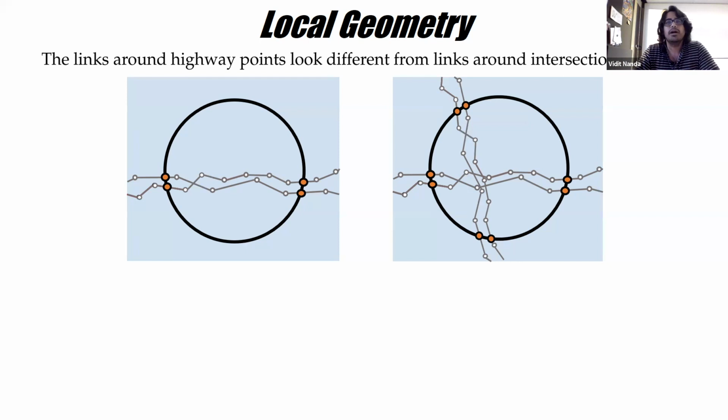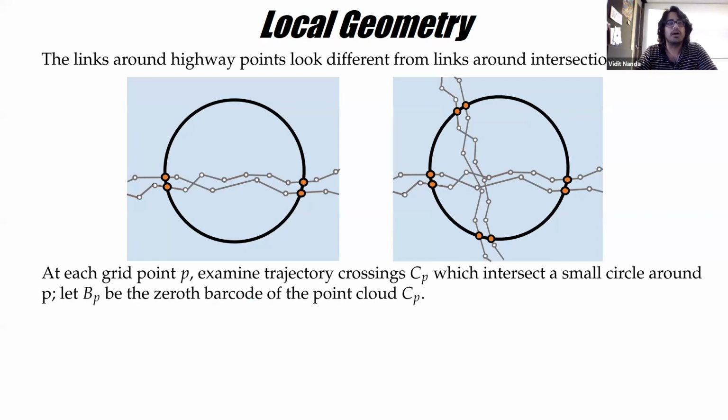You can tell by the way these trajectories intersect these boundary circles that something very different is happening. So the goal is to figure out what these intersection points are so we can learn the structure of the embedded graph. So take a grid that nicely covers the entire maritime region we're interested in. And around each grid point, take a tiny little circle of, I don't know how many, this is to be determined, and examine where all the trajectories cross that circle.